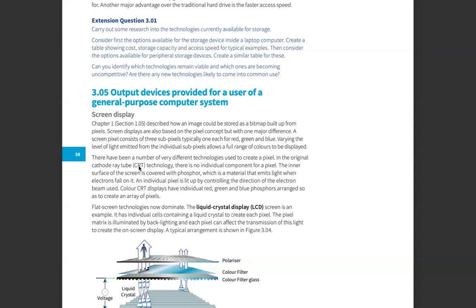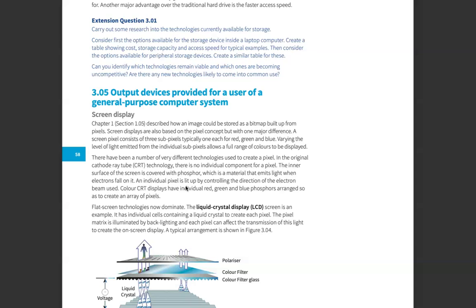So there have been a number of very different technologies used to create a pixel. In the original cathode ray tube technology, there is no individual component for a pixel. The inner surface of the screen is covered with phosphor, which is a material that emits light when electrons fall on it.